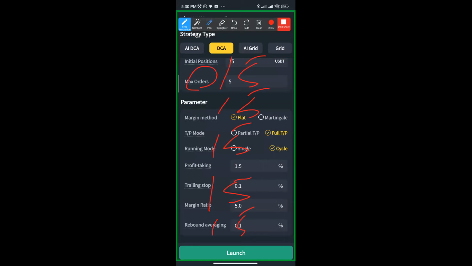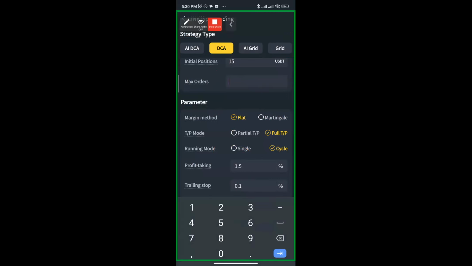That's 75. So I can even add a 6th one. That makes 90. So I say 6. It means with my $100, I can go in 6 times deep.